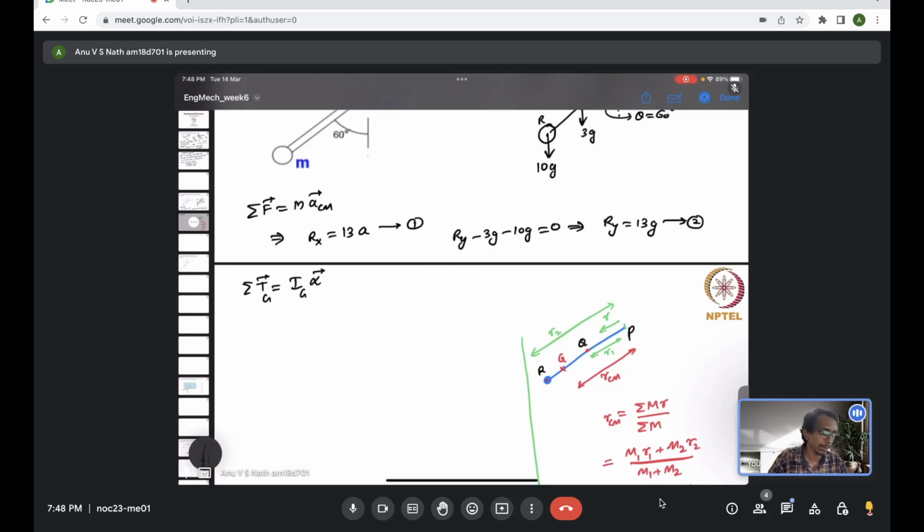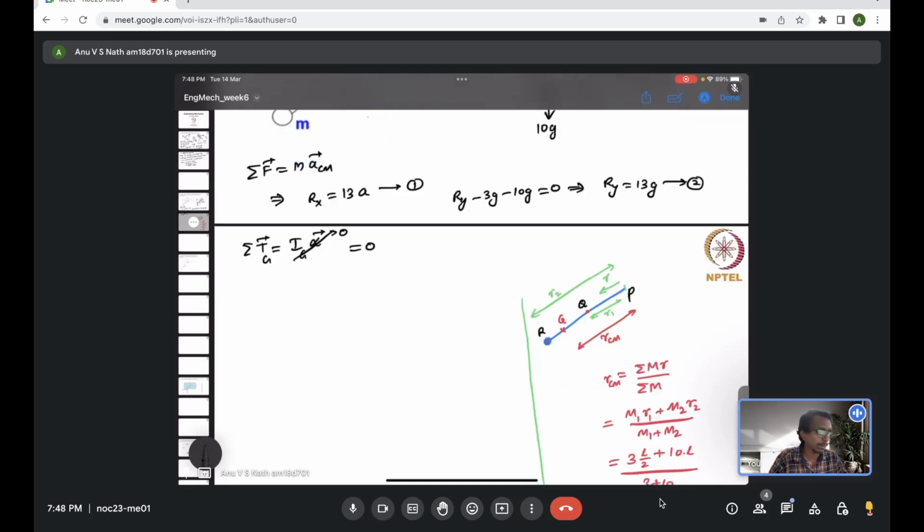So the angular acceleration will be 0. So you will have the equilibrium, where the net force or the net torque is equal to 0.